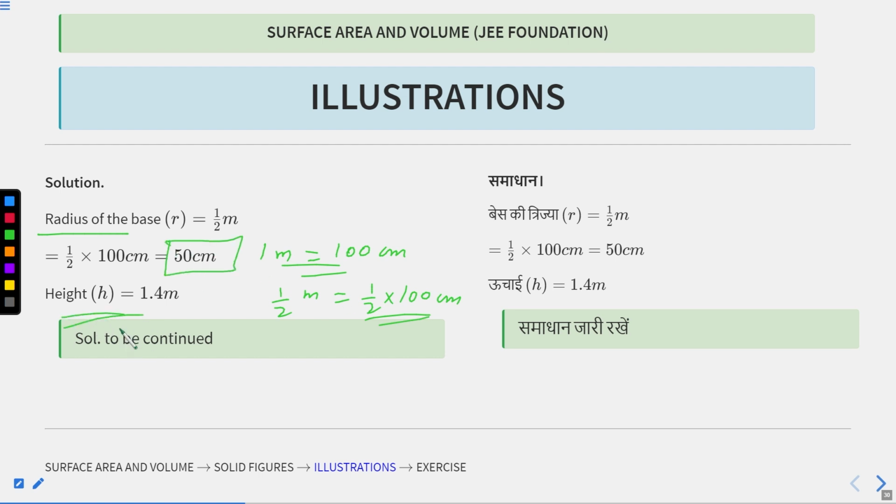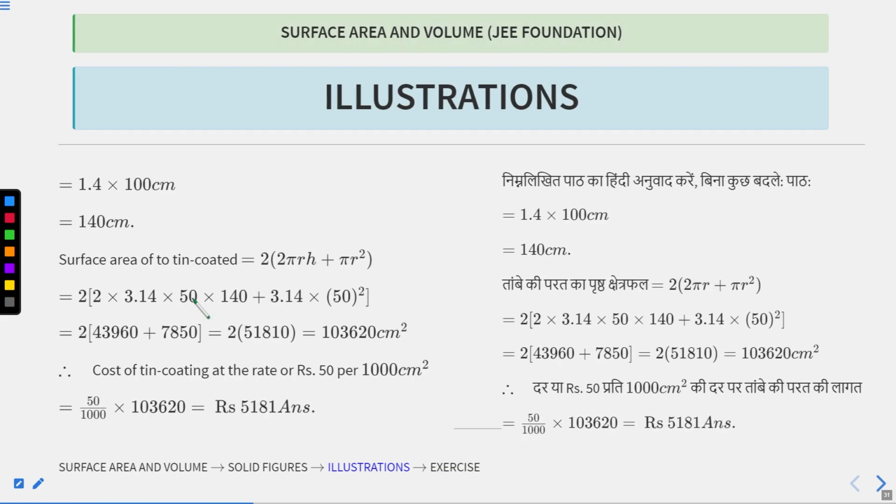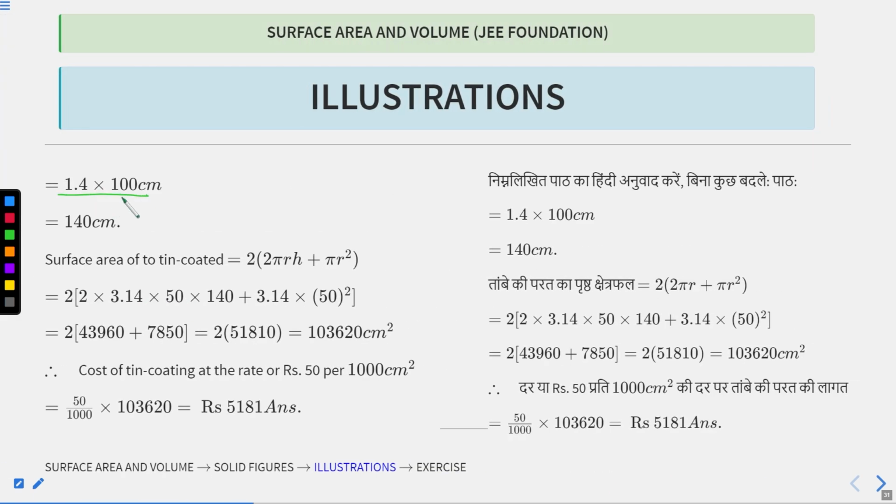Now height, in a similar manner we change our height to centimeter. So just multiply by 100, we will get our height. Now height is given, and radius is also given, 50 centimeter. Now the surface area which we have to coat with tin.